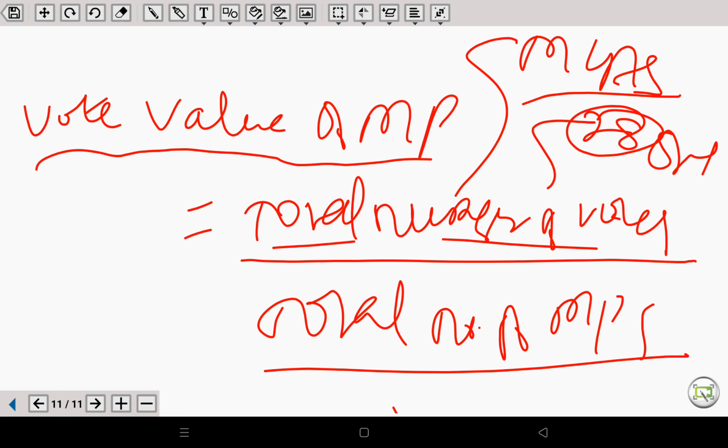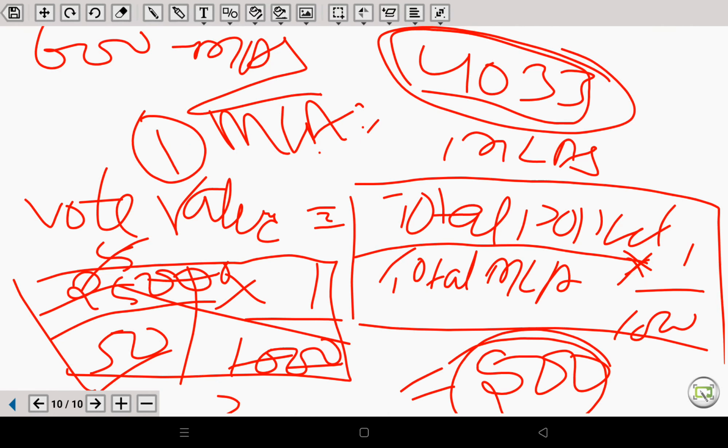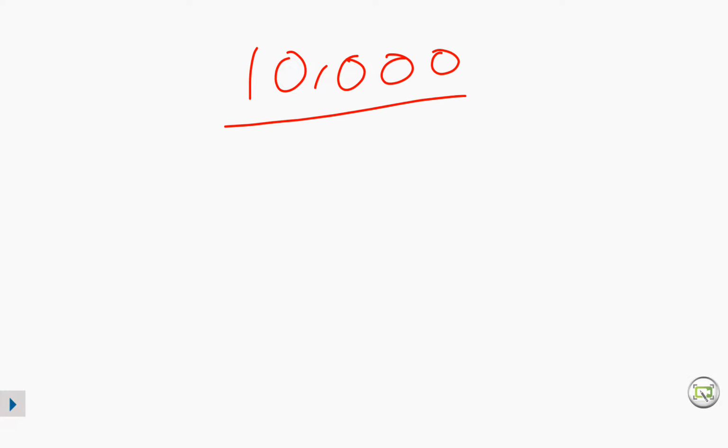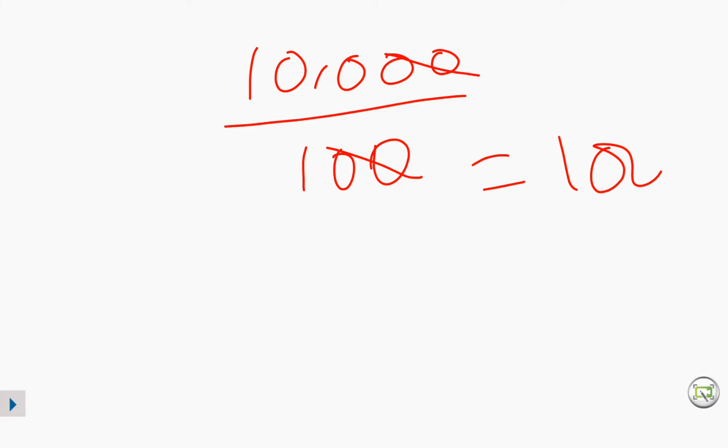For example, suppose the total vote assigned to MLAs of our country is 10,000 and the total MPs is 100 in India. So the zeros will be cancelled, and one MP will have 100 vote value.